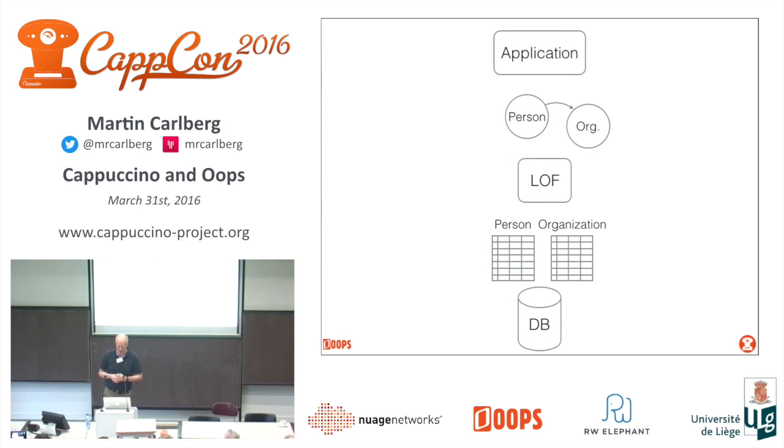So up there you have the person object and the relationship to the organization object. It will map everything for you, so you can use that in your application in a very nice way.